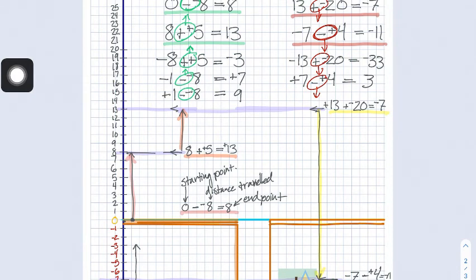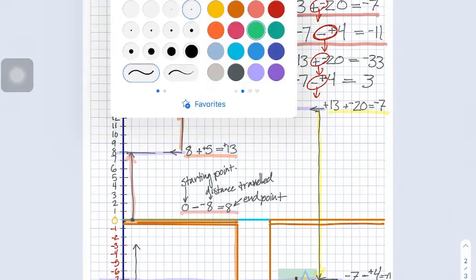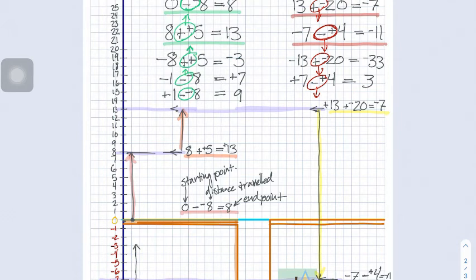But the thing that tells you whether you are going up or down is the combination of signs in the middle. The signs on this side are telling me to go up, and these ones are telling me to go down.